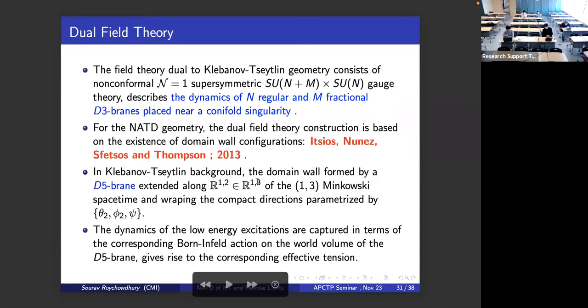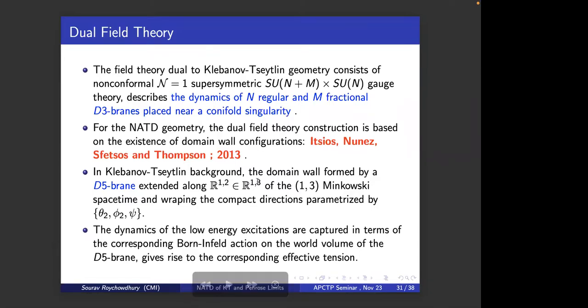Okay. So now this ends my gravity part. Now I will make some comments about the field theory part, but it is not actually well understood. The non-Abelian T-dual geometry has some issues in understanding the dual gauge theory for the T-dual configuration.